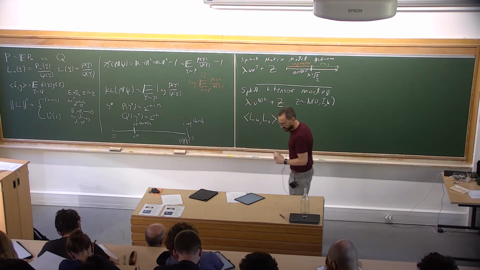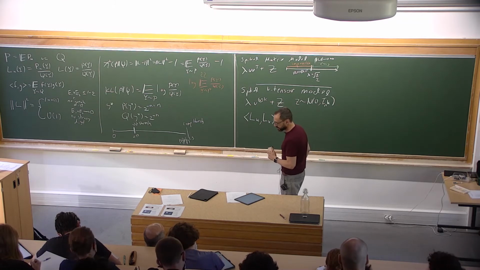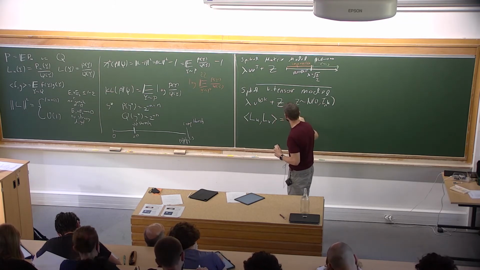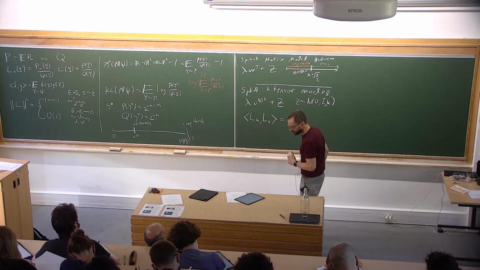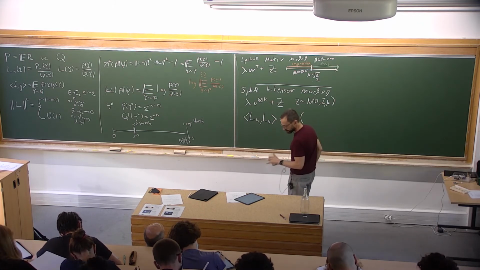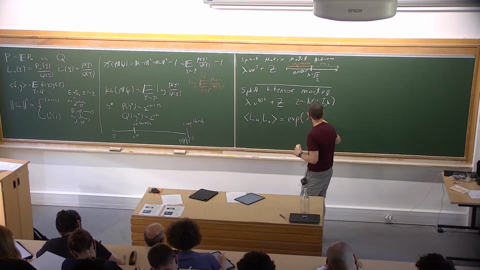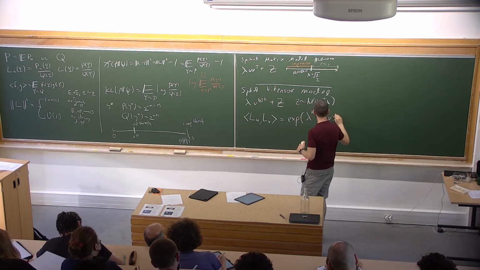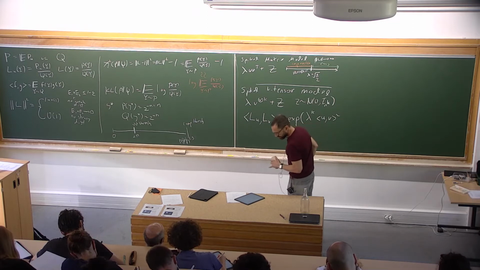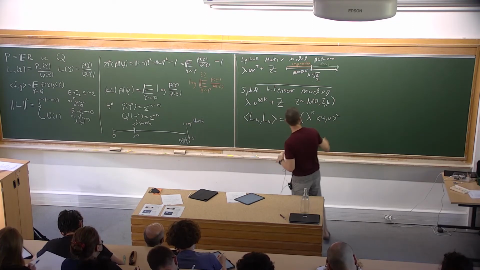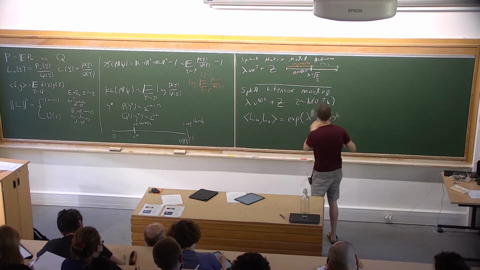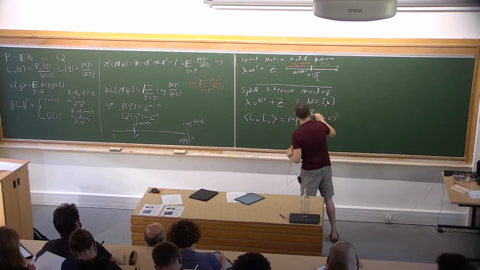If we follow the same calculation, we'll see that the dot product of LU and LV is going to be e to the power of lambda to the K, UV squared. UV to the K, sorry. No, the opposite thing, that makes no sense.